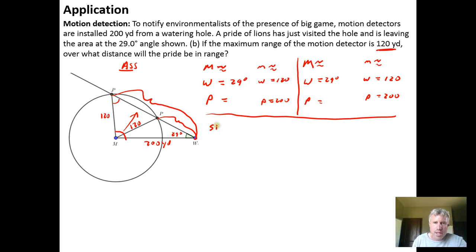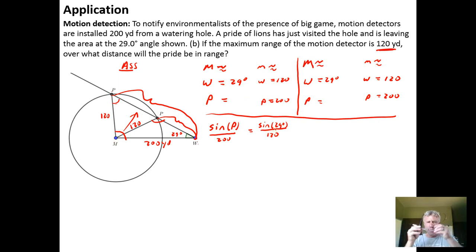We know that the sine of angle P, which is the Pride angle, there's two of them. There's an obtuse and an acute Pride angle. So the sine of P over little p, which is 200, needs to equal the sine of 29 degrees over the side opposite 29 degrees, which is 120 yards.